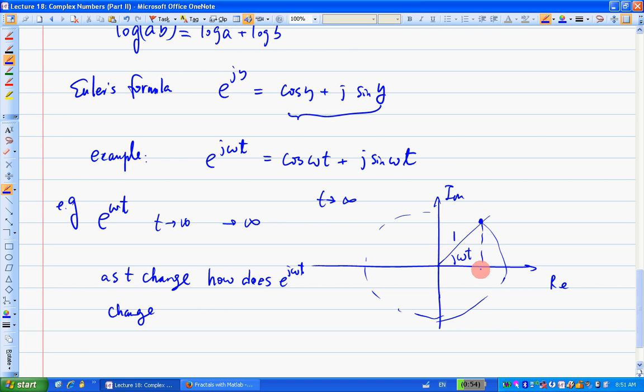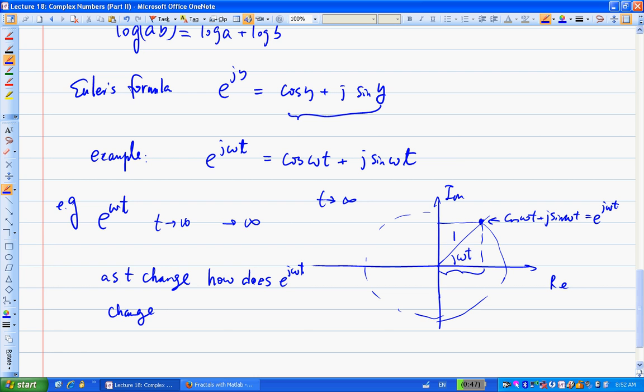Coordinates basically means the x component and the y component. The x component is 1 multiplied by cosine omega t, and y is 1 multiplied by sine omega t. So this point represents this complex number: cosine omega t plus j sine omega t, which is e to the j omega t.